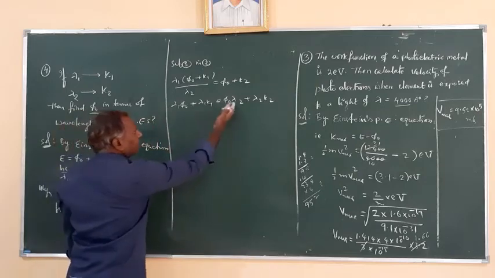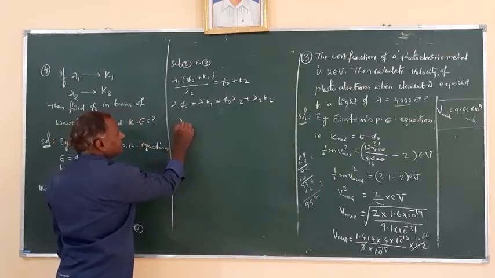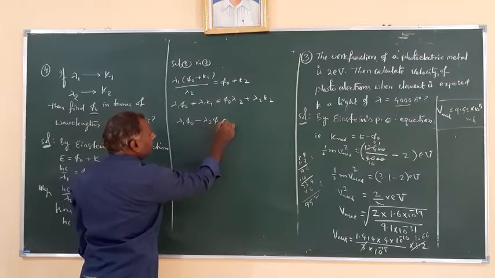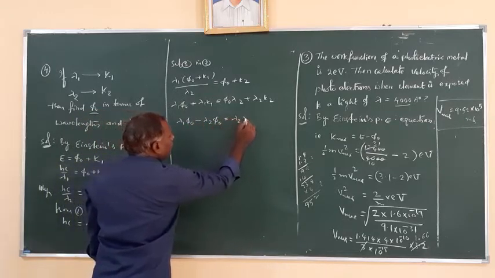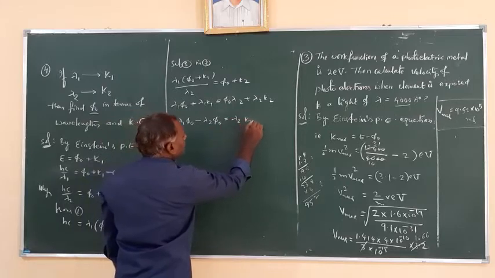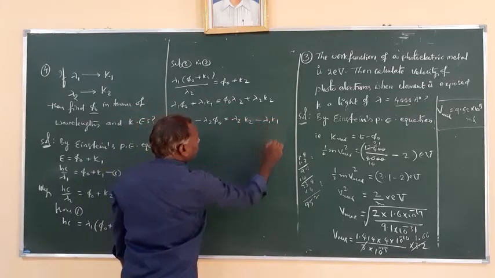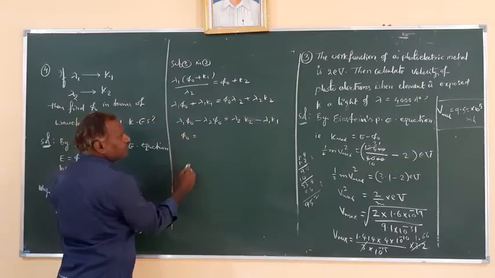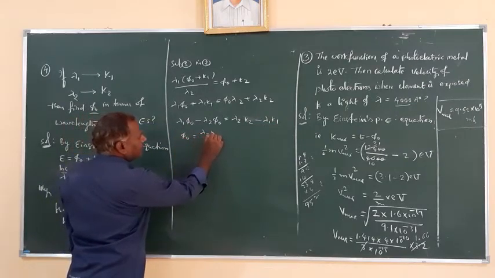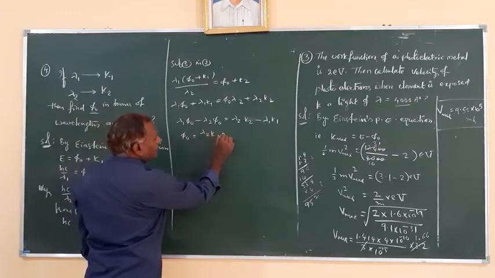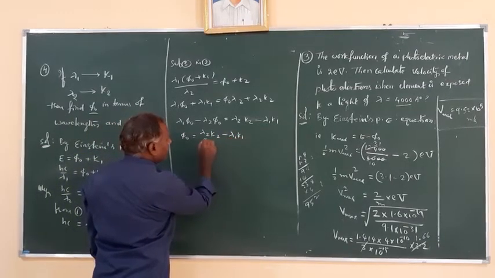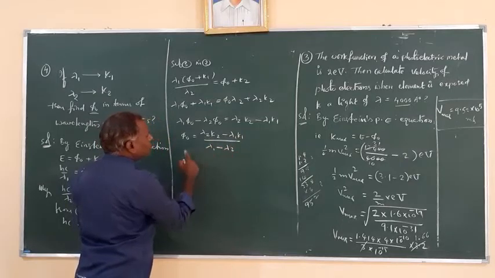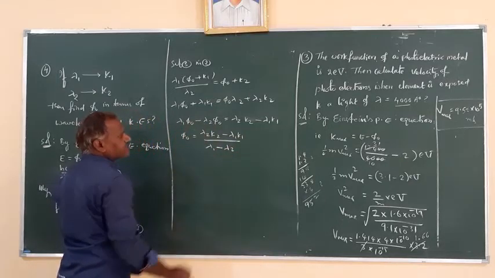Now you can bring this to this side: lambda 1 phi naught minus lambda 2 phi naught is equal to lambda 2 K2 minus lambda 1 K1. So phi naught is equal to lambda 2 K2 minus lambda 1 K1 upon lambda 1 minus lambda 2, taking phi naught common.